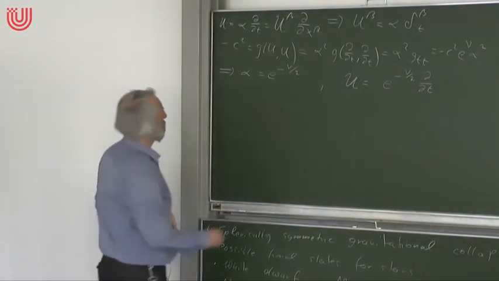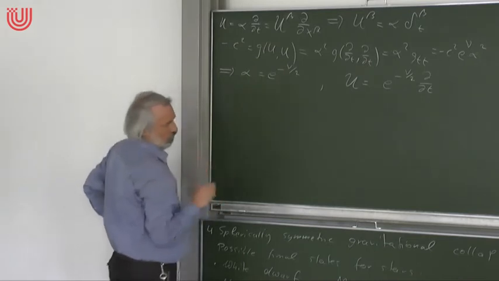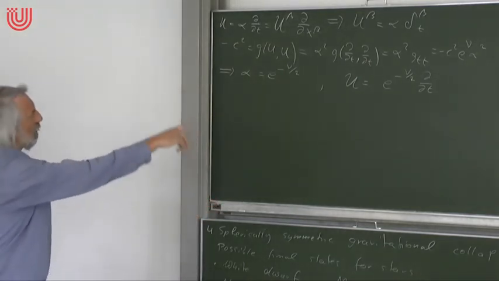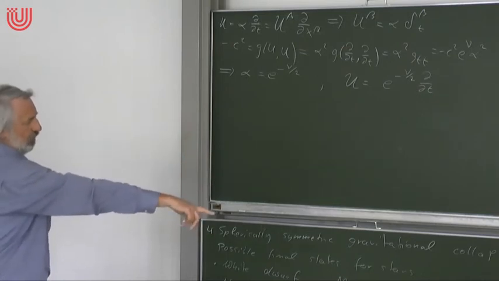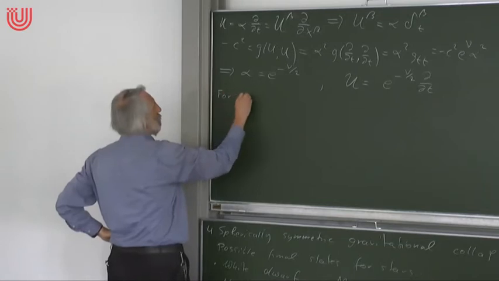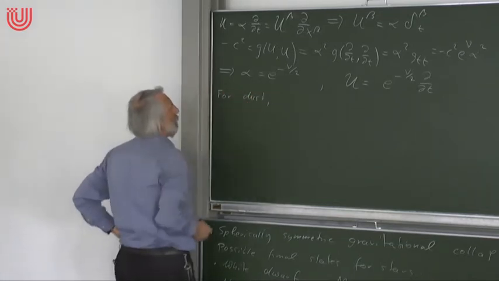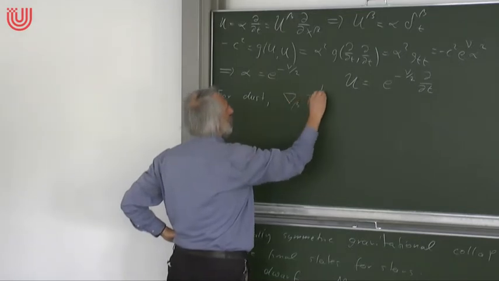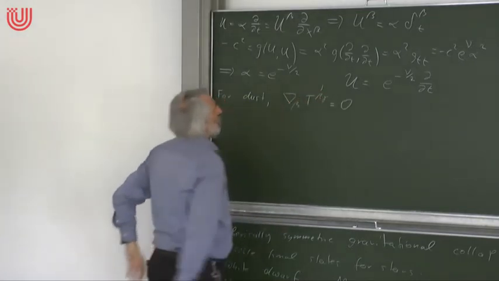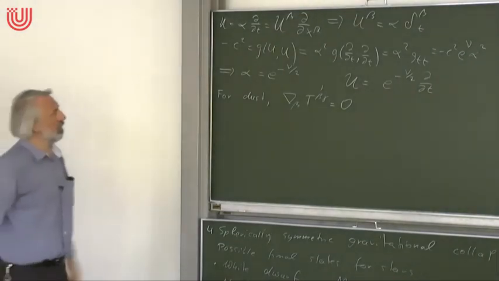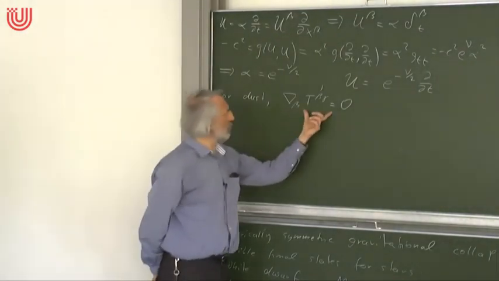Let me first write just as a recollection, that from our assumption that we have a dust, there's the energy momentum tensor for dust. I hope everybody remembers this equation, which follows from the field equation. Remember, it's a local version of energy conservation.